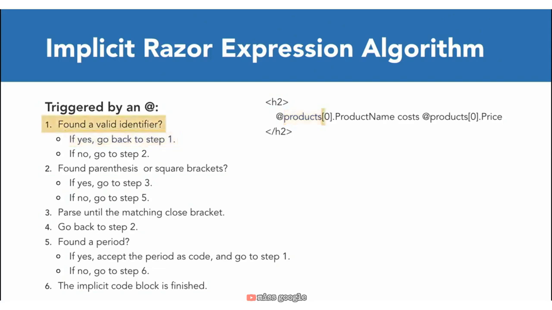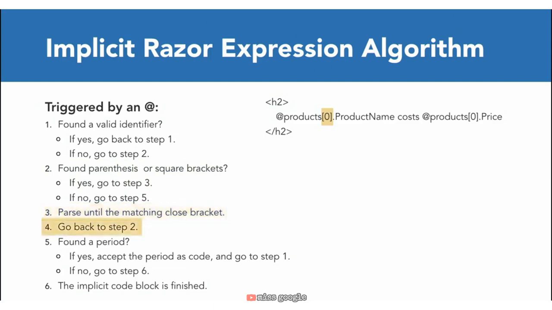The next token is an open square bracket. Obviously, this is not a valid token in our C# code, so we'll move back to step 2. The next rule is to see if the token is a parenthesis or square bracket. It is, so we'll move to step 3. In step 3, the parser matches up the closing bracket that matches the opening bracket that we just found.